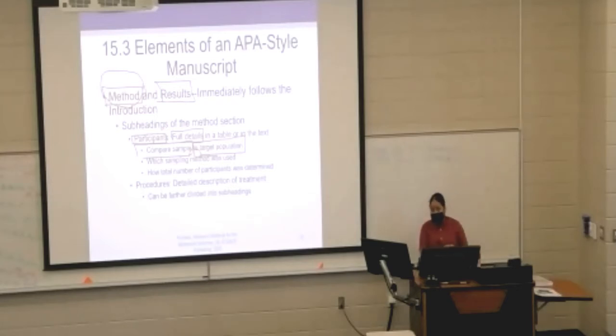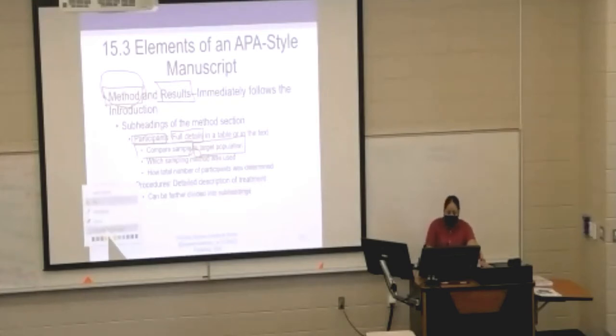Sometimes that sample is indeed representative of your population, and sometimes it's not. This is where you will bring that up. This is where you would say the sample is or isn't representative, right? You will explain why it is or is not representative of that population.